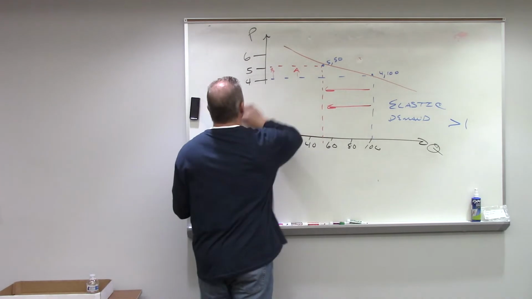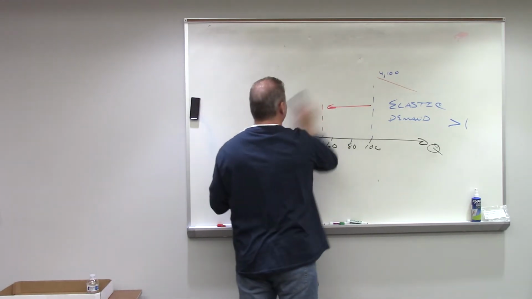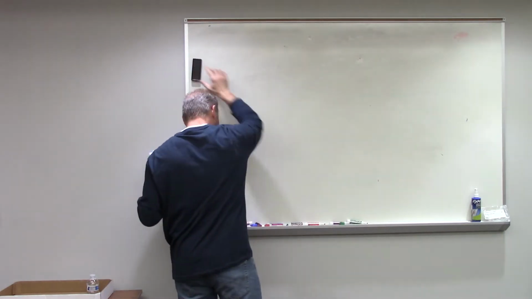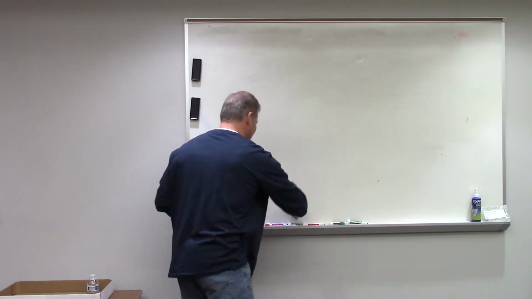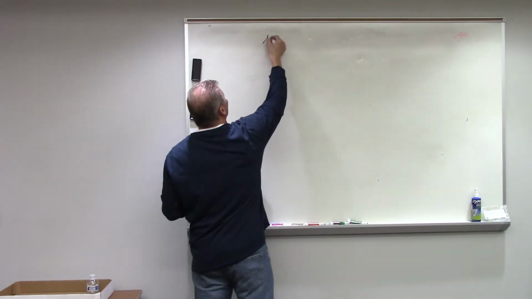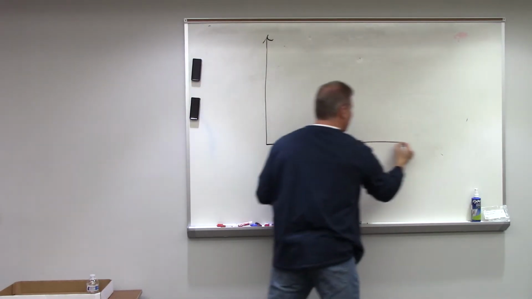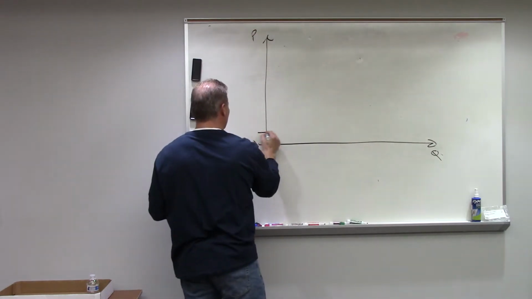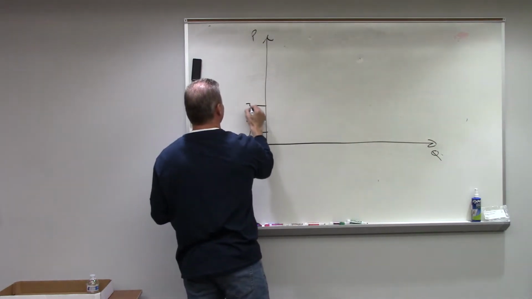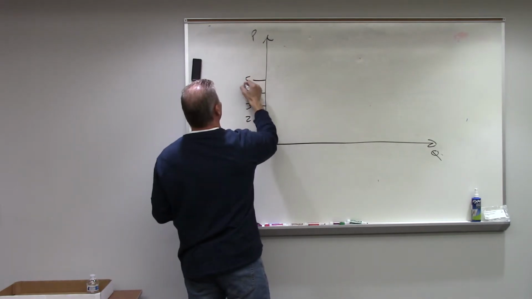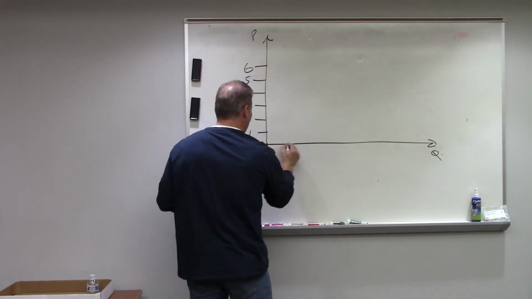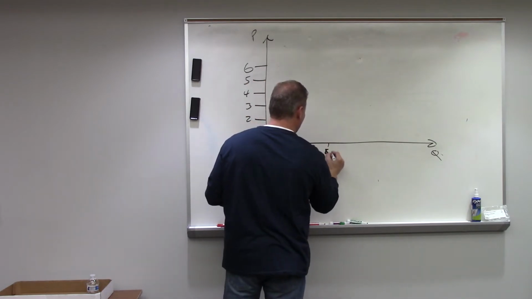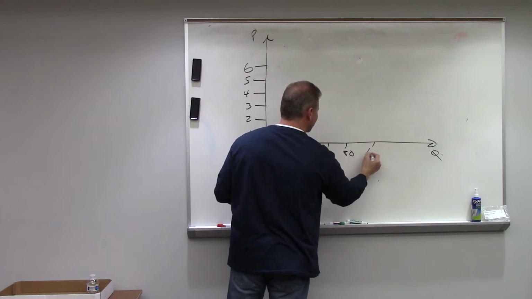All right. Okay, so let's do another one. Oh, there's my black. Okay, again, quantity, price. Sometimes it's just best to clean these things up a little bit. $60, $80, and $100.